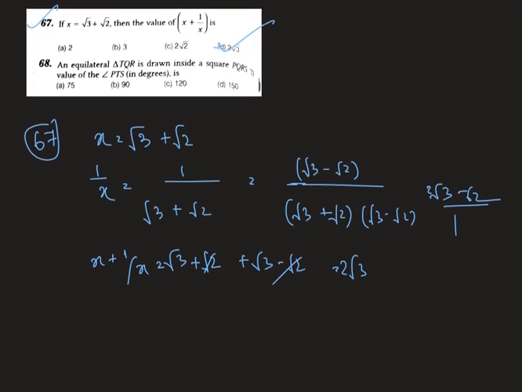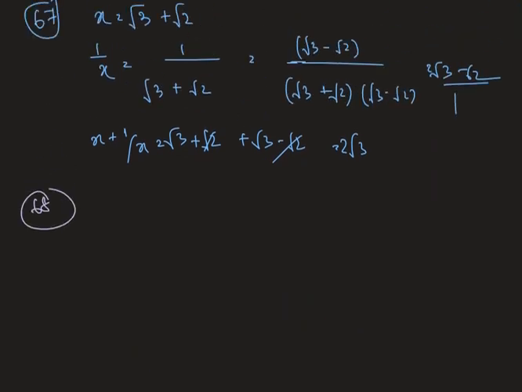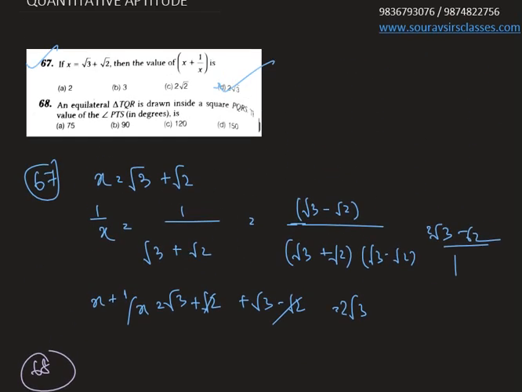Now, let's check the next question. An equilateral triangle TQR is drawn inside a square PQRS. Then the value of angle PTS in degrees is what?